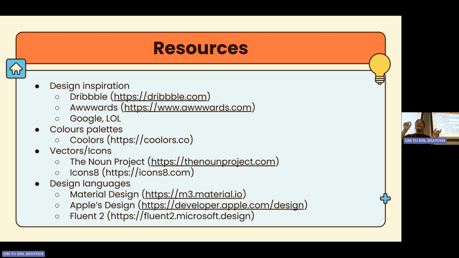If you're an iOS user, you know that the sidebar icon might mean opening up a sidebar, but if you're an Android user, you might not know that. So conforming to conventions helps your user experience a lot because it taps on prior knowledge that your user already has. These are the 3 design languages of the big tech companies.